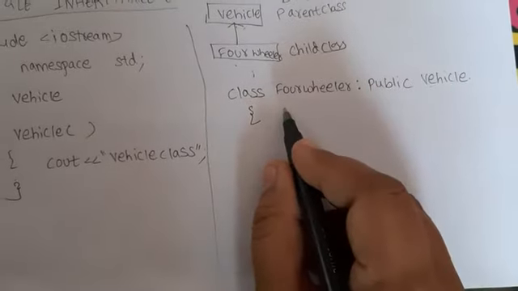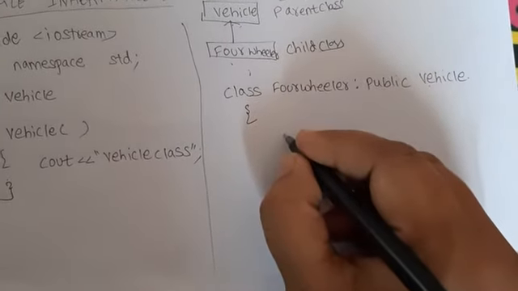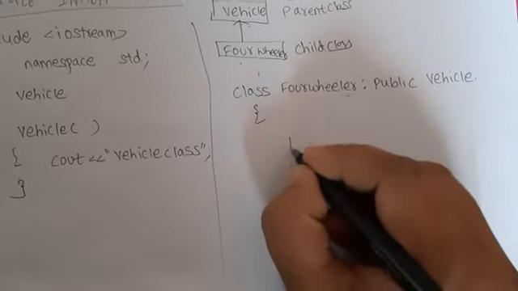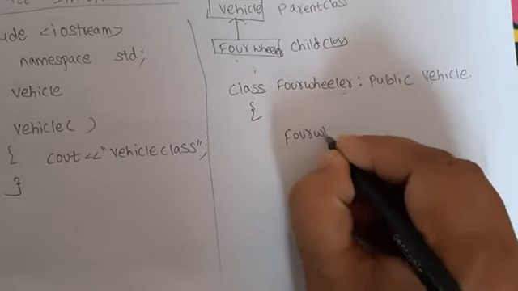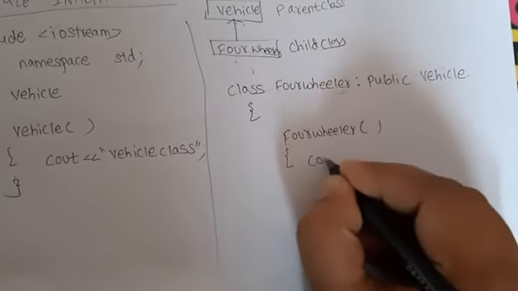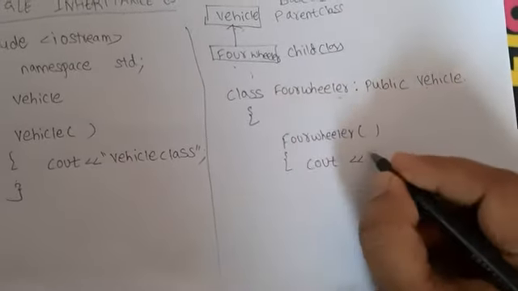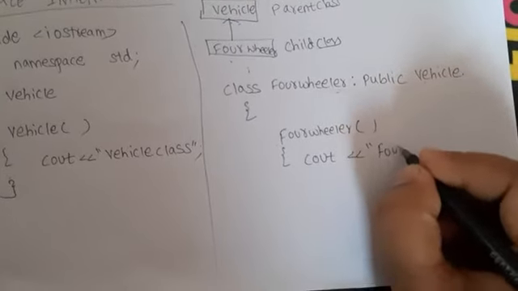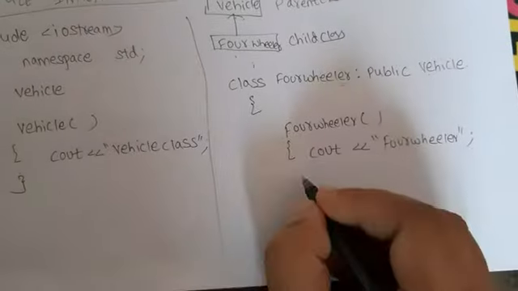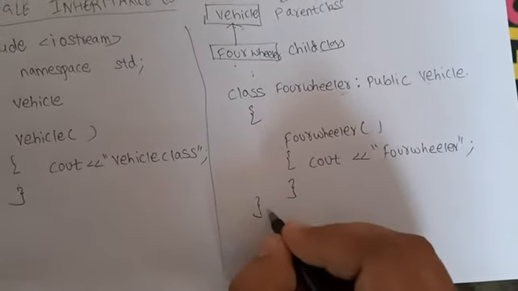For this class also we need to write a constructor. What is a constructor? Same name as the class name. Your class name is four wheeler, so four wheeler constructor opened. Here also we'll try to print something: four wheeler. Semicolon, close the constructor, and close the class with a semicolon.